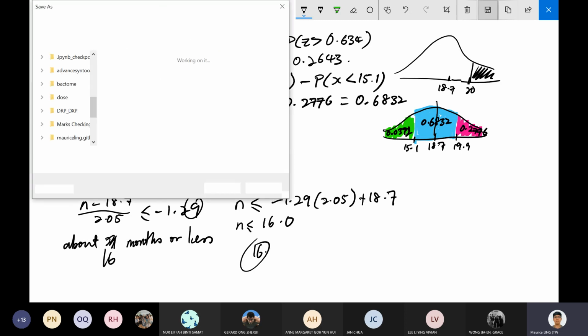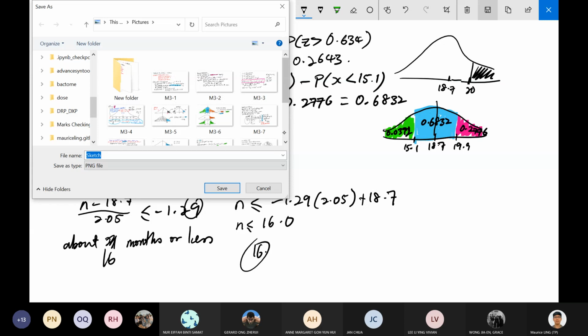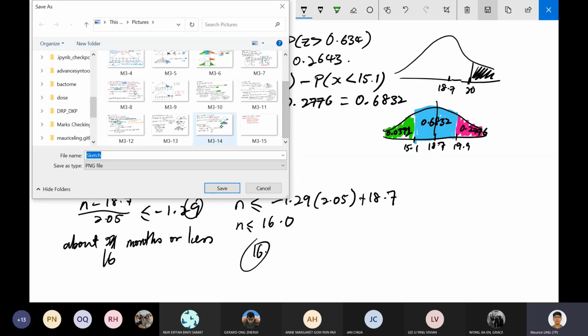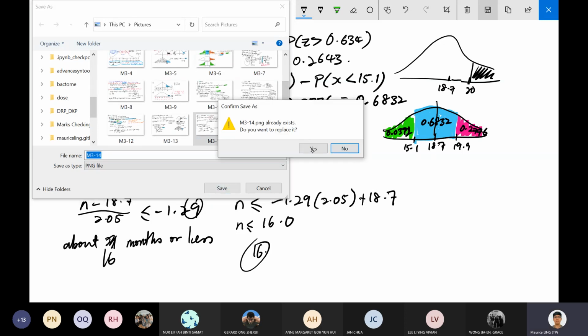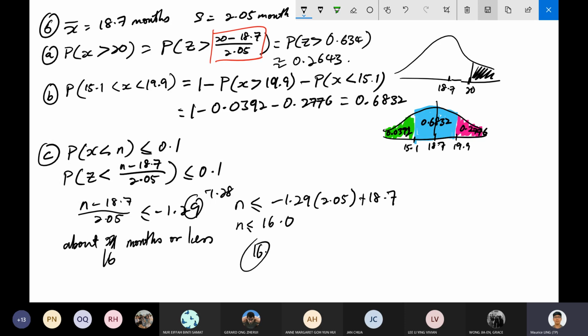Why is 1.29 negative? Oh, because you do the reverse. Because you see, n has to be something because you want to... If this is 18.7 months, then at 18.7 months, half of the tracker will die.